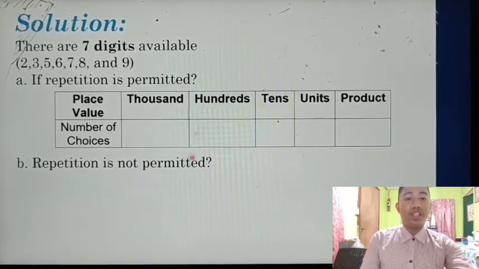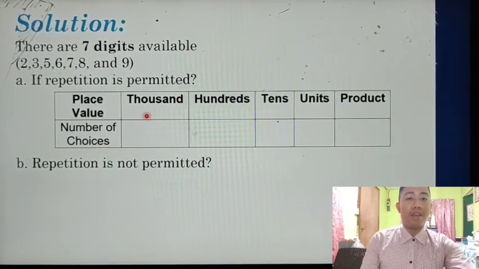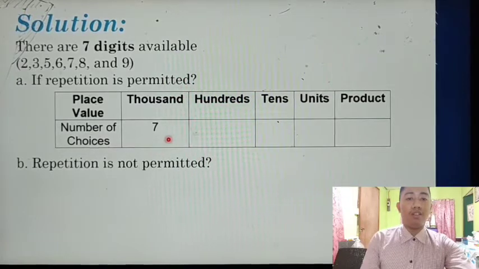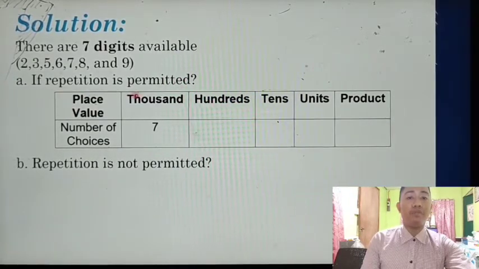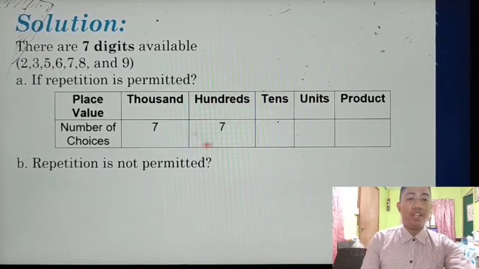So the number of choices to put on the thousands place is 7, because 7 digits are available. If the given condition is repetition is permitted, you can use among the 7 digits again and again. So there are only 7.